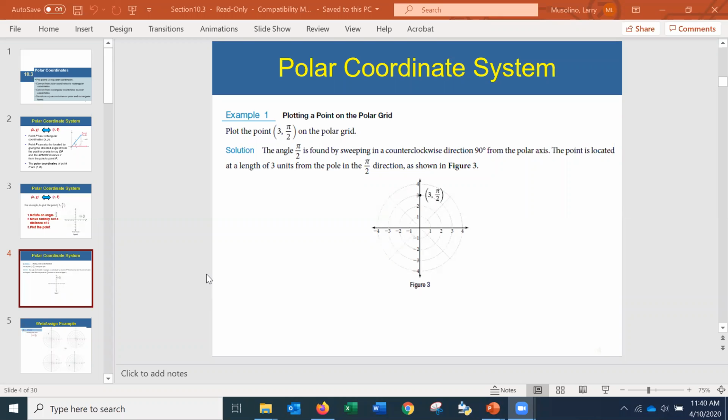If you're programming a space shuttle to get to a certain point, let's say the International Space Station, it's much more logical to use r comma theta type of analysis as opposed to x comma y, okay?